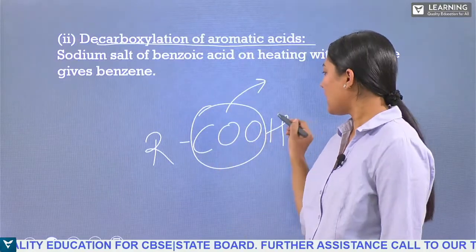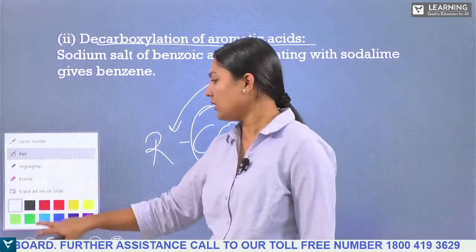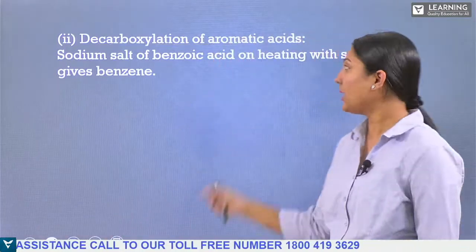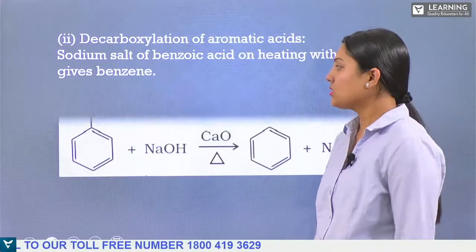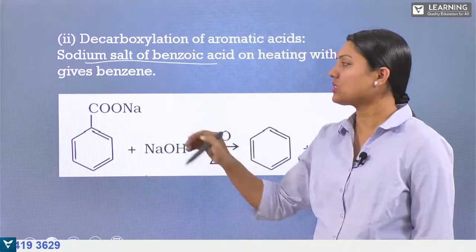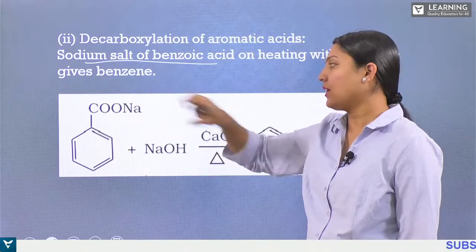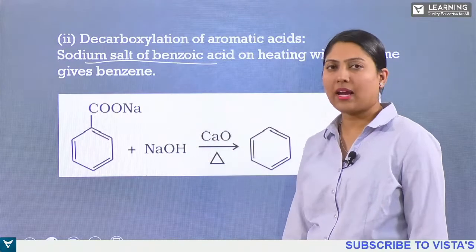Then a hydrogen will be attached to this R. Hence we can get aromatic benzene from the aromatic acids. So here you can see the sodium salt is being used, such that the hydrogen present in the carboxylic acid will be removed and sodium will be added.